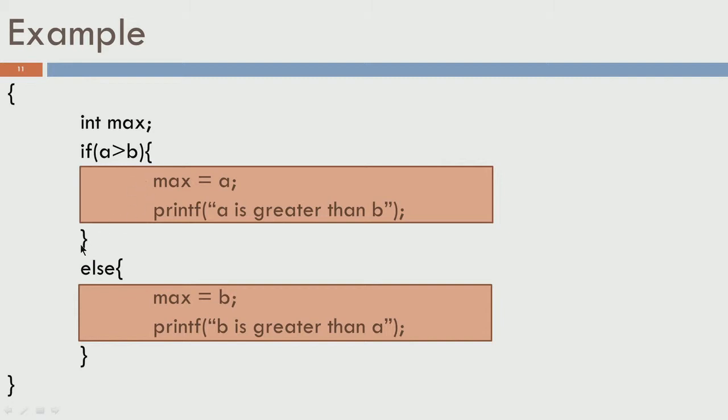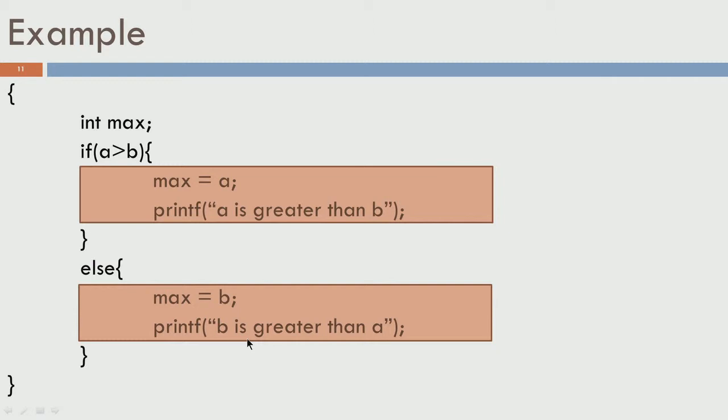Anything within this left and right brace is a block, and this is treated as everything that should go under the true case. If a is greater than b is false, then max is equal to b, and you can print that b is greater than a. In fact, b is greater than or equal to a in this case. It is not just greater, it is also greater than or equal to. So, the braces say that this is one logical unit.